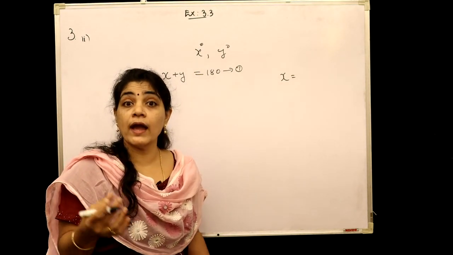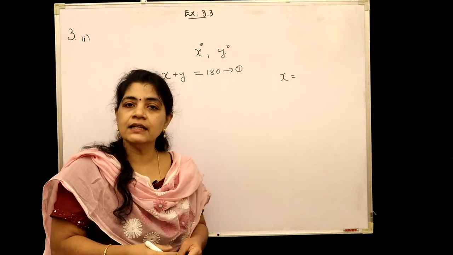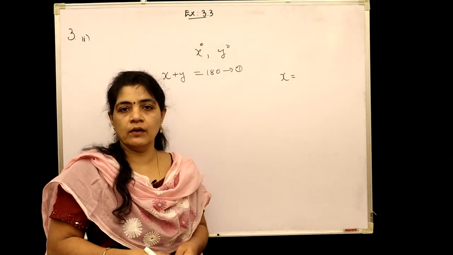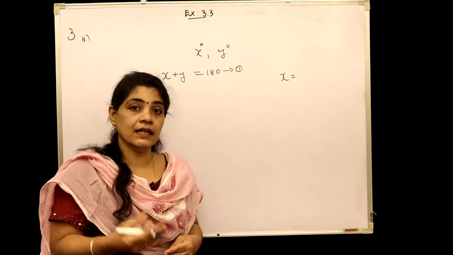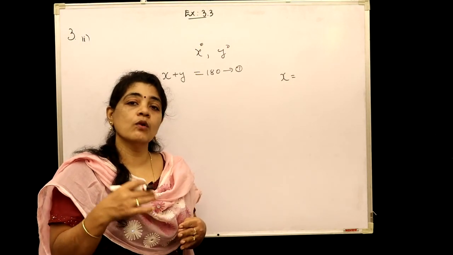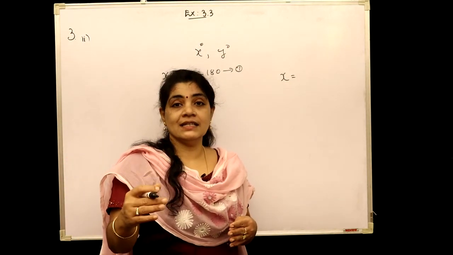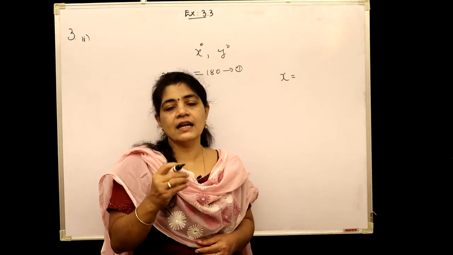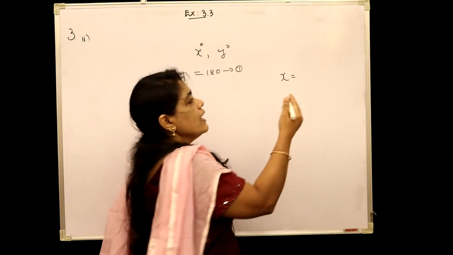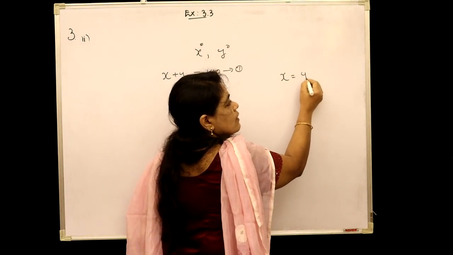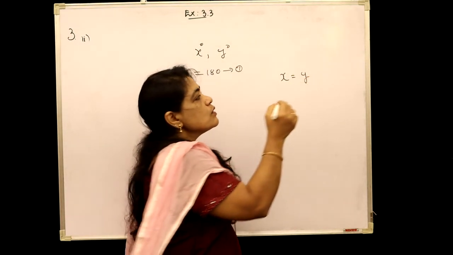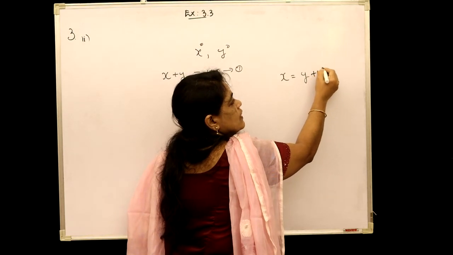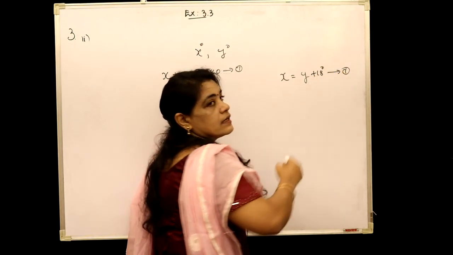Exceeds means you have to add, whereas 3 times means we have to multiply, as in the previous case. Here it is the smaller angle plus 18, and that will be the larger angle. Since we have taken y as the smaller angle, x is y plus 18.